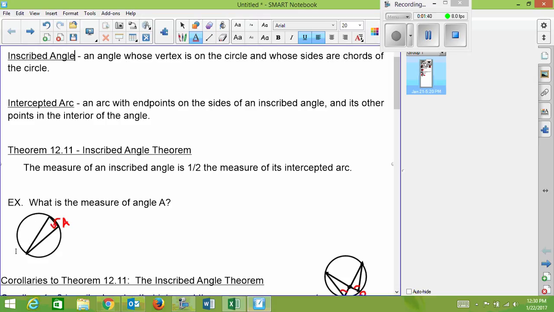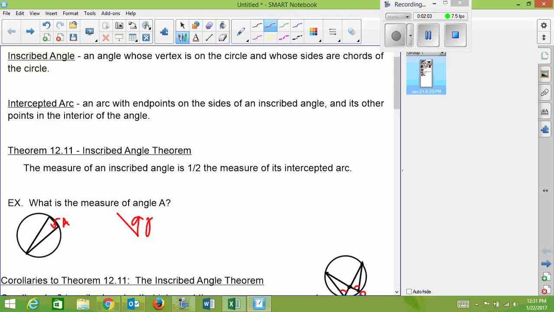So it's 180, and the rule says that this angle will be half of this arc. So it's going to be 90. That is a 90-degree angle for A, half of its intercepted arc. Because this is a semicircle, that's 180 degrees, and half of that is 90.